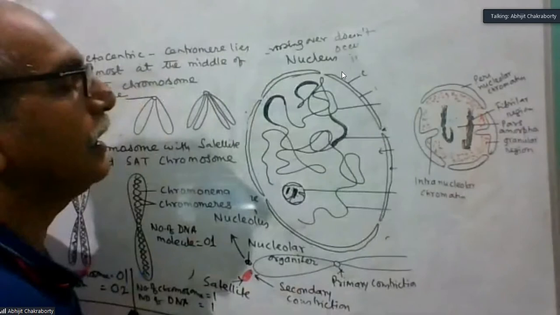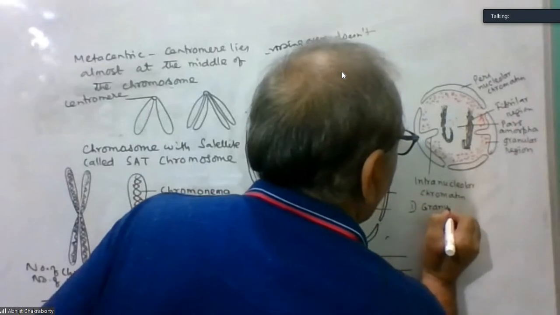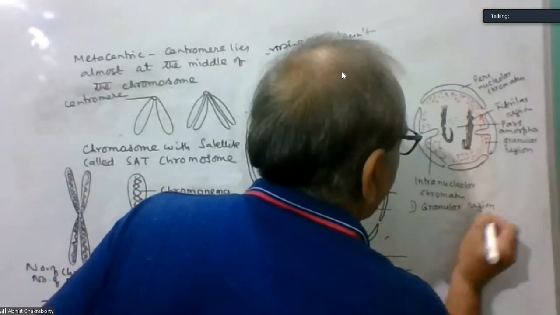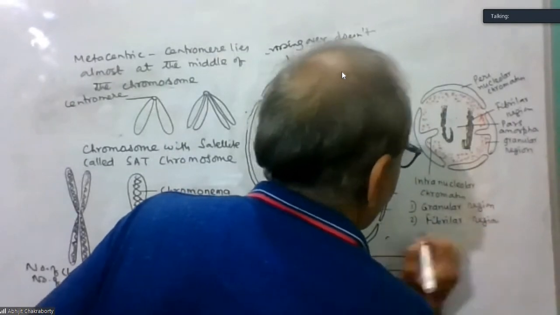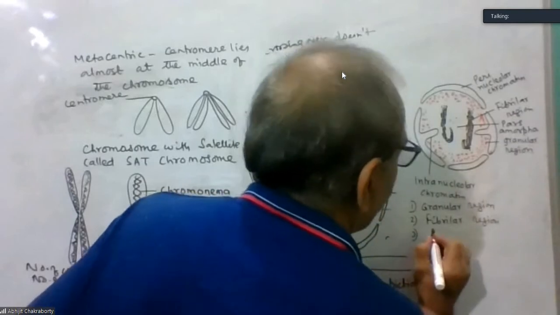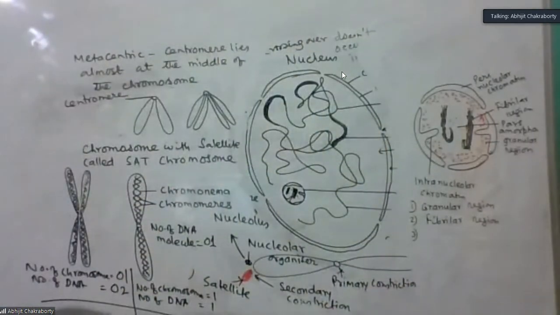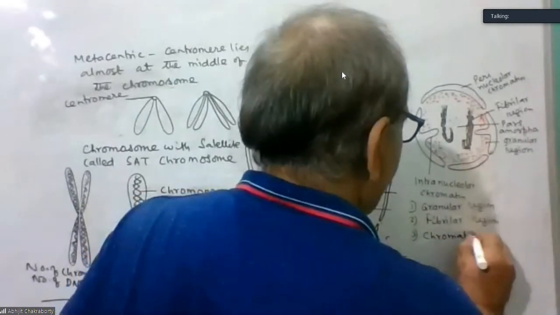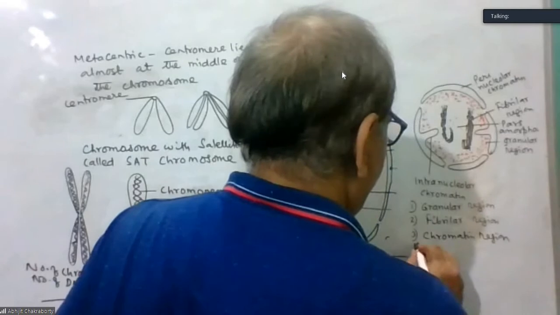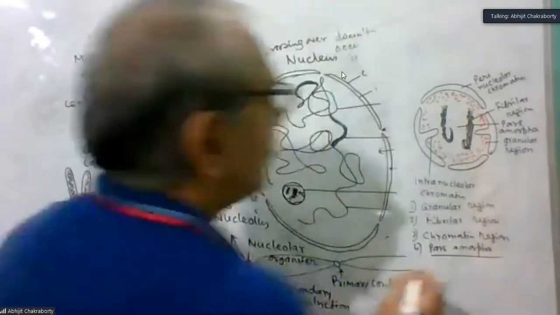So, the different parts here: granular region, fibrillar region, chromatin region, the most important, and pars amorpha.